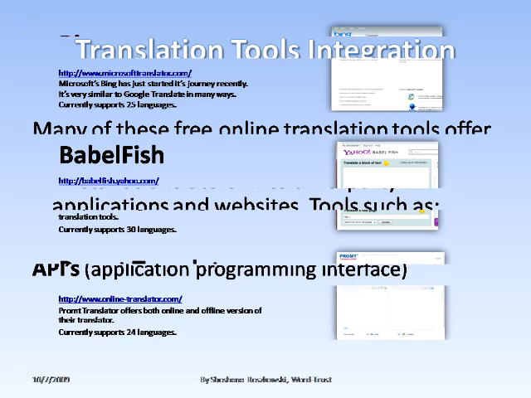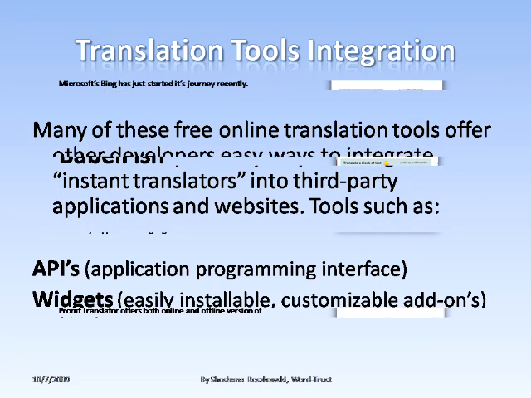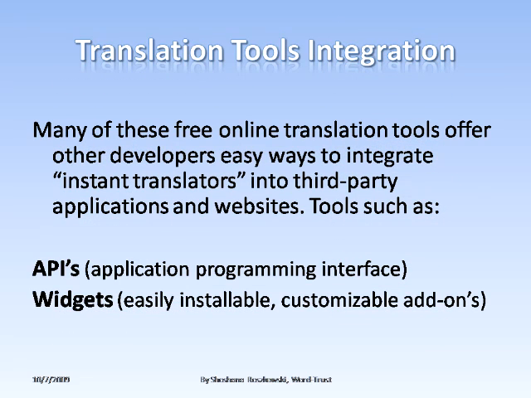sometimes could be great. Many of these online translation tools offer other developers easy ways to integrate these instant translators, which have already been developed, into any third-party applications or websites. Tools include APIs, which stands for application programming interface.